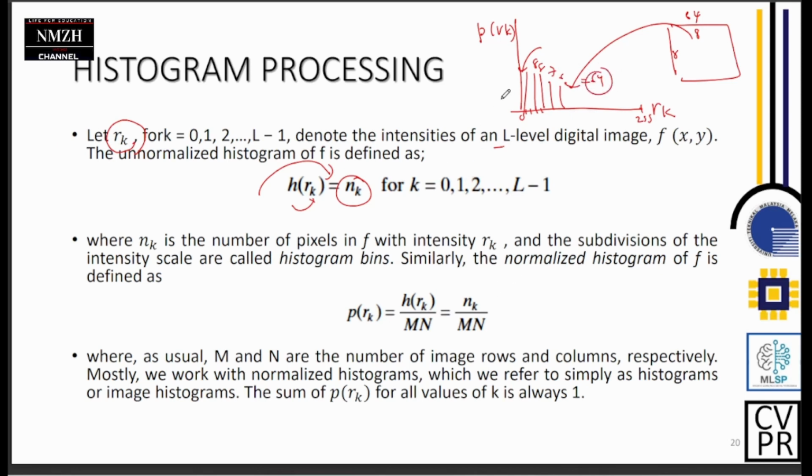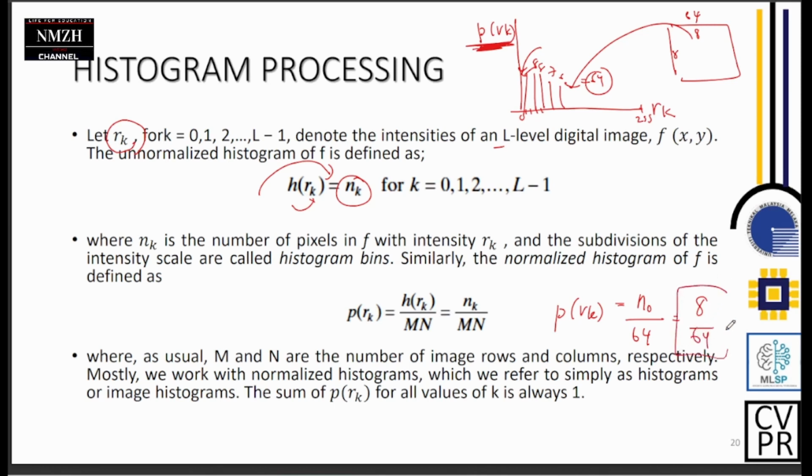Okay. So to normalize them, basically we call it the normalized histogram as the probability P RK. So P RK is the vertical axis. Example, this one is 8 for 0. So N0 is 8, divided by 64.